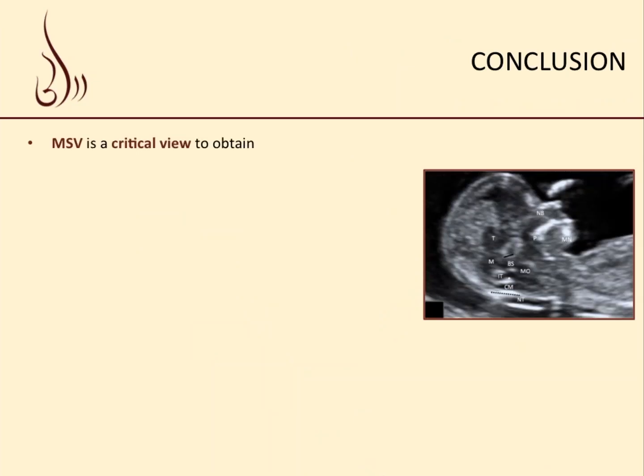In conclusion, I hope that I've been able to show you that the mid-sagittal view is a critical view to obtain even in the era of cell-free DNA, when we're not looking at the nuchal translucency, because just by eyeballing it, you are able to screen not only for chromosomal aberrations, you can screen for triploidy, you can screen for facial clefts, you can screen for open neural tube defects, you can screen for abdominal wall defects, you can screen for congenital diaphragmatic hernia, you can screen for GU abnormalities, all from one single view of the fetus.